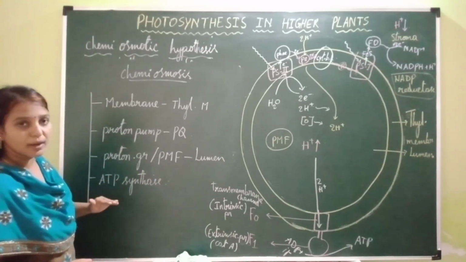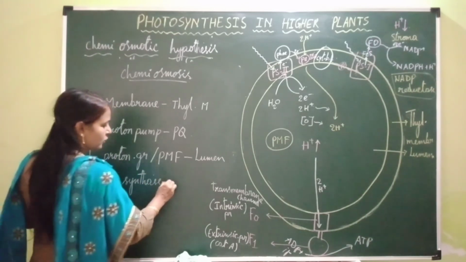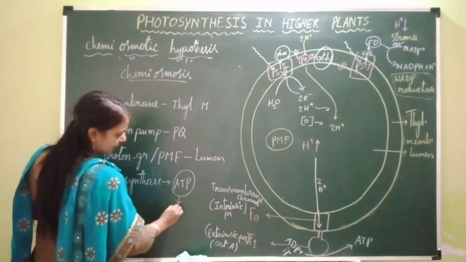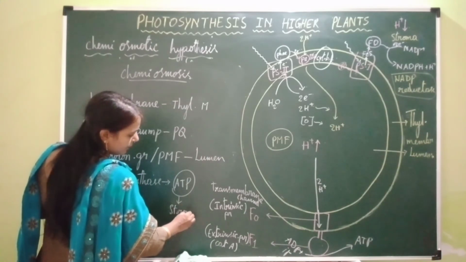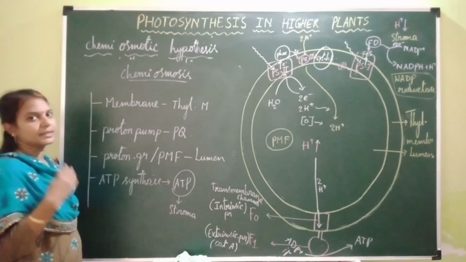In chloroplast, ATP synthesis occurs towards the stroma, and ATP is released into the stroma. Whereas in mitochondrion, ATP is released into the matrix.